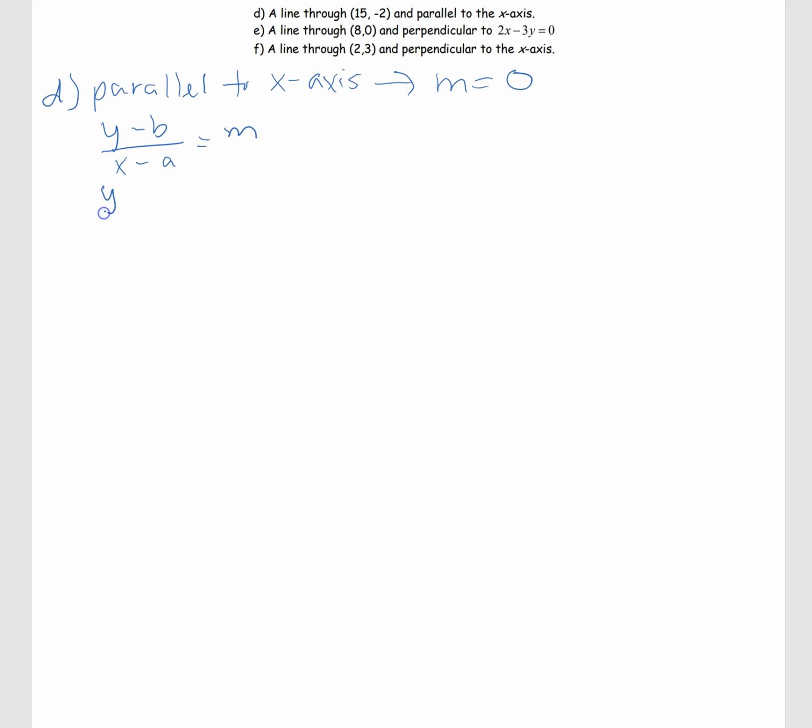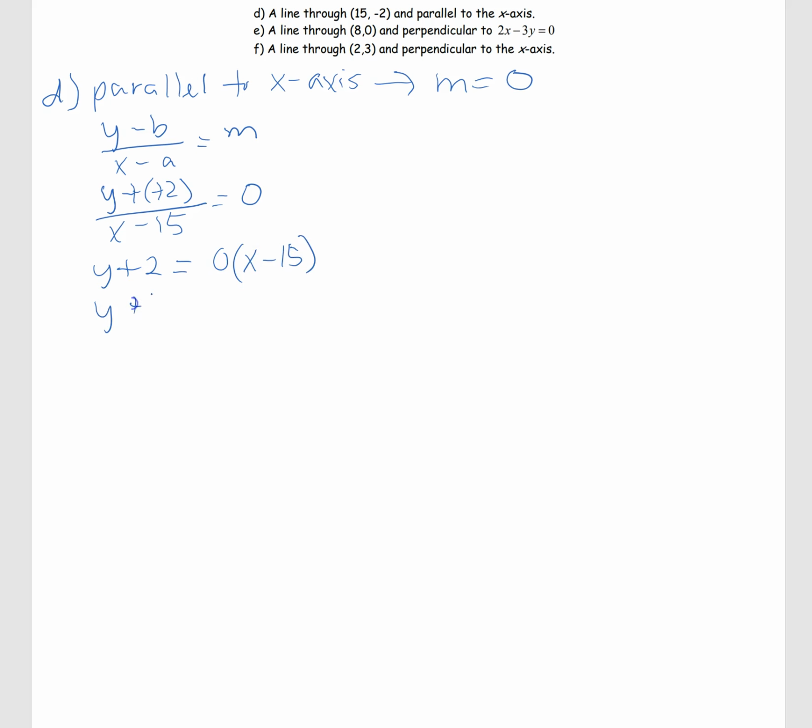We have y minus -2 over x minus 15 equals 0. So this is going to be y plus 2 on the top. And if I multiply my x minus 15 over to the other side, this gives me y plus 2 equals 0 times x minus 15.